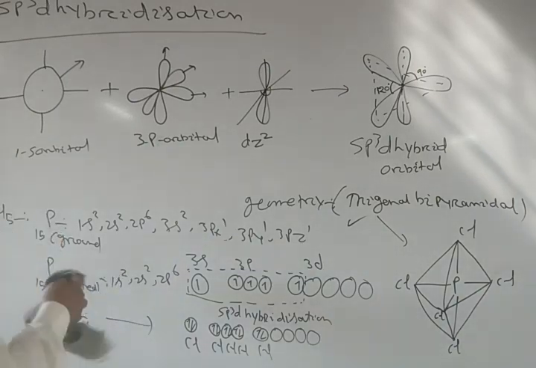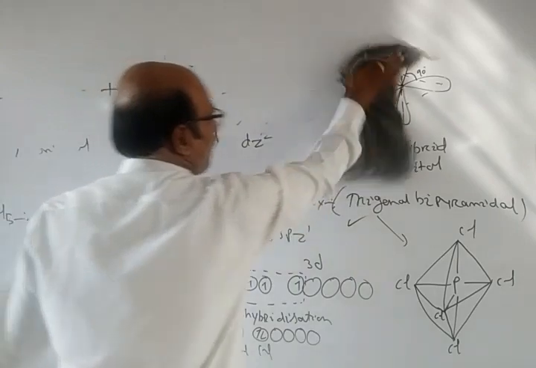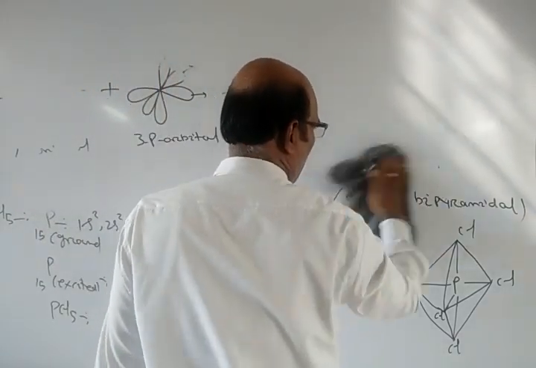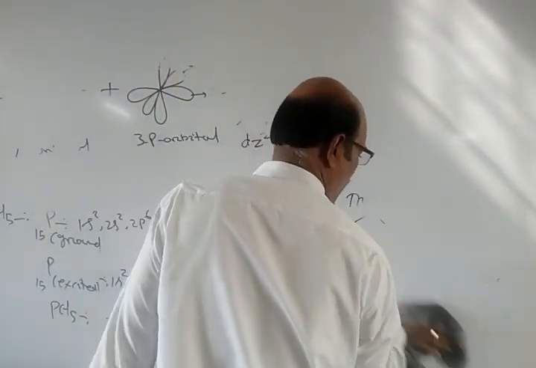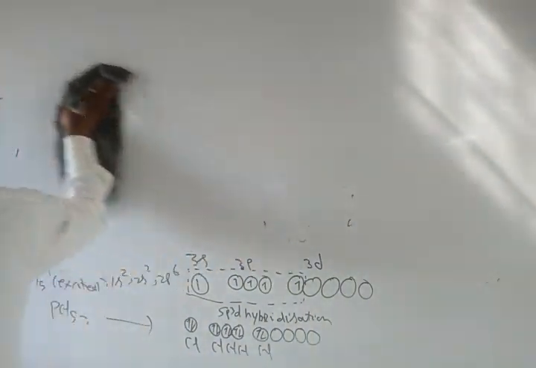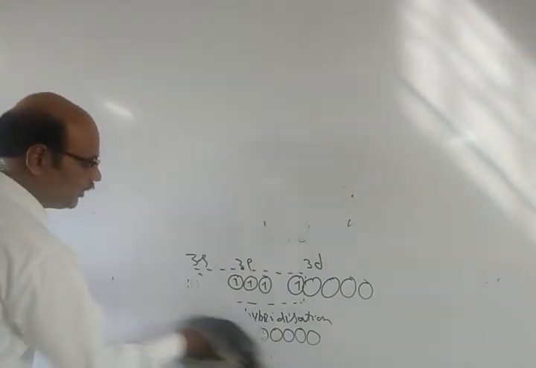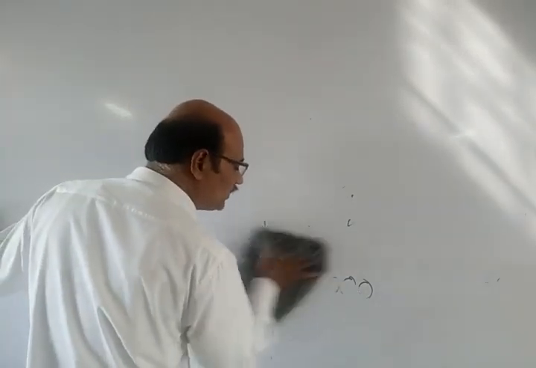Next, we will go for sp3d2 hybridization. So what you can say, 1s, 3p and 2d orbitals hybridize to form 6 sp3d2 hybrid orbitals.